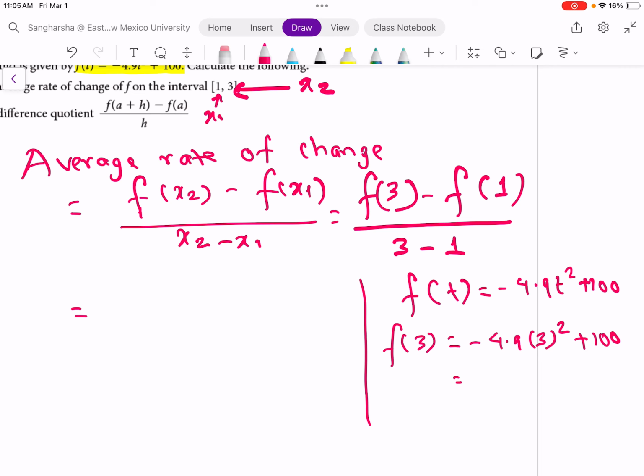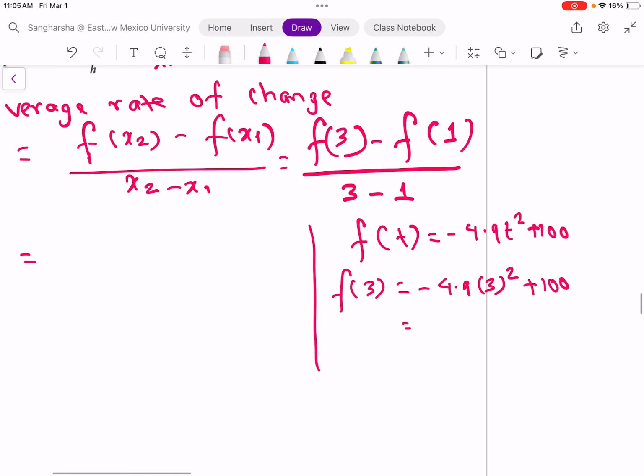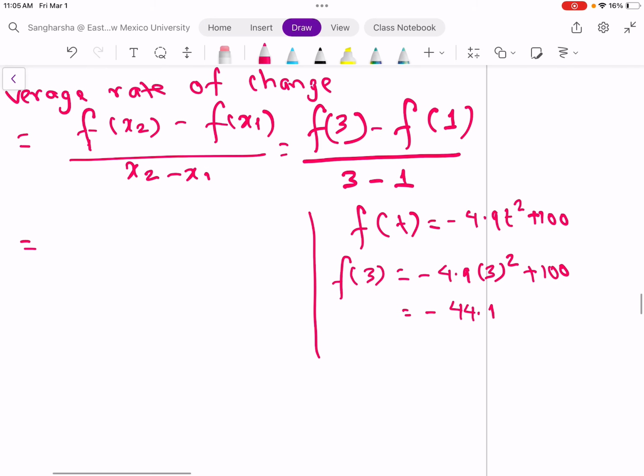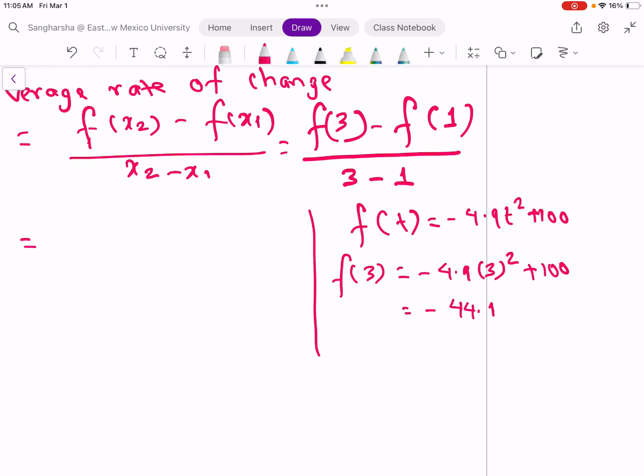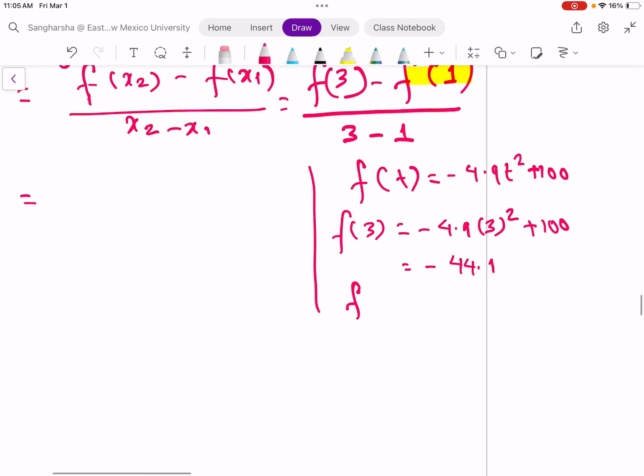Now can anyone help me with this? What is this equal to? Negative 44.1. Now similarly we need to find f of 1. You replace your t by 1. So we have negative 4.9 times 1 plus 100, and this is 95.1.